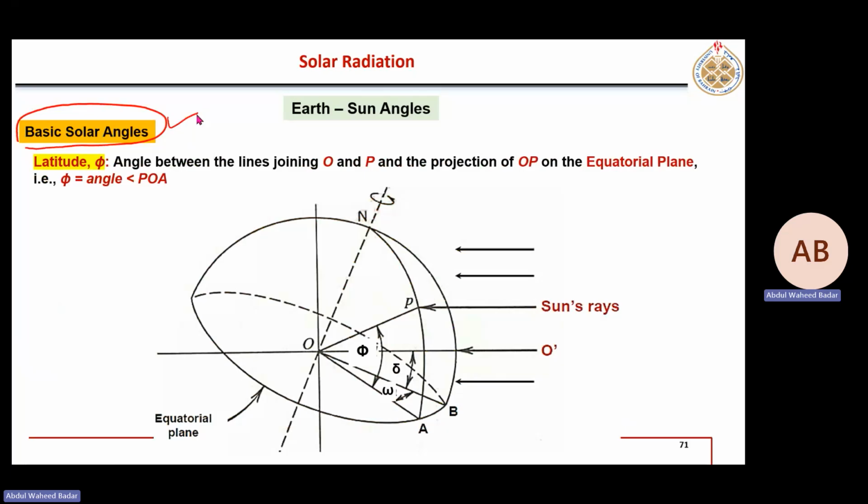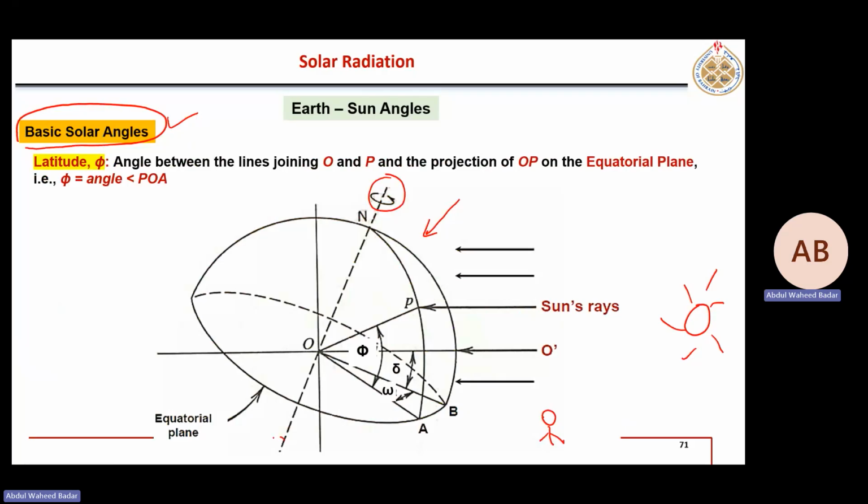So what are these basic solar angles, which you can see here? Now we are visualizing the Earth. If an observer is somewhere in space, sun radiations are reaching the surface of the Earth. The Earth axis is tilted.